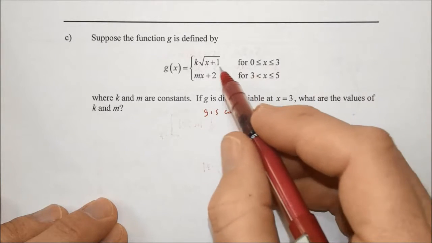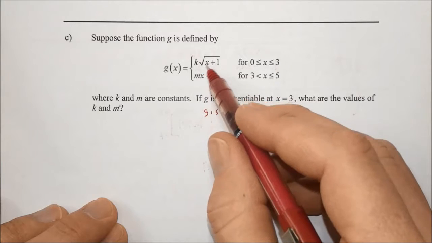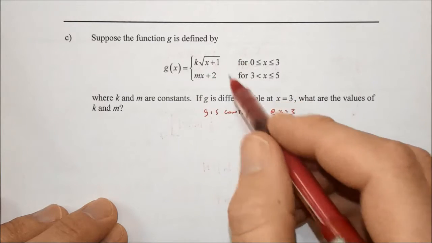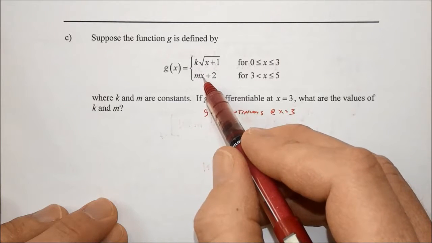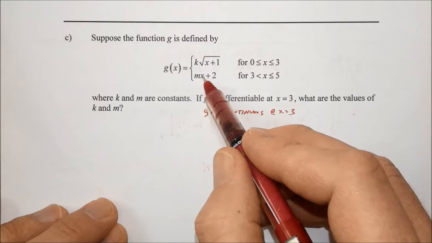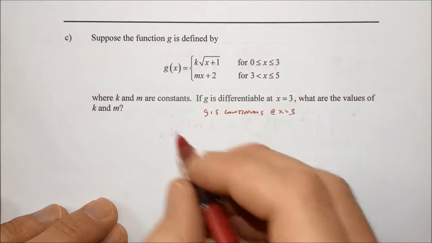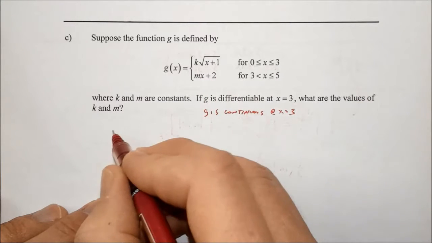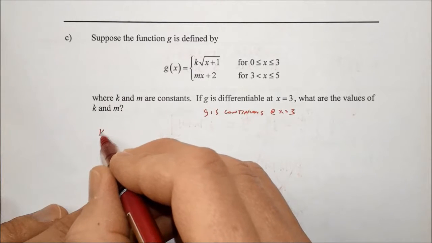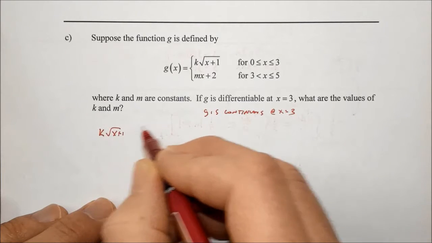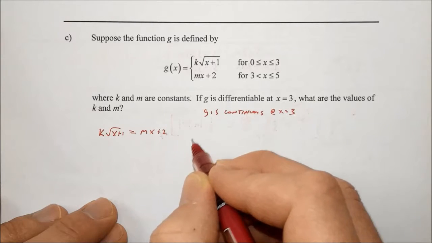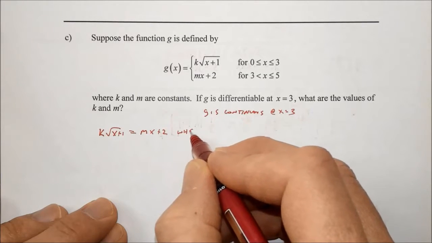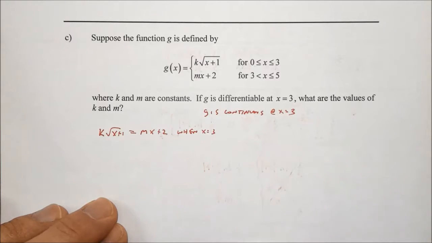That means that if we plug 3 in for x, these two have to be equal to each other, because if the function is continuous, where the top function stops performing, the bottom function must pick up at the exact same spot. Alright, so what we're basically saying for the continuity part is that k times the square root of x plus 1 must be equal to mx plus 2 when x equals 3.